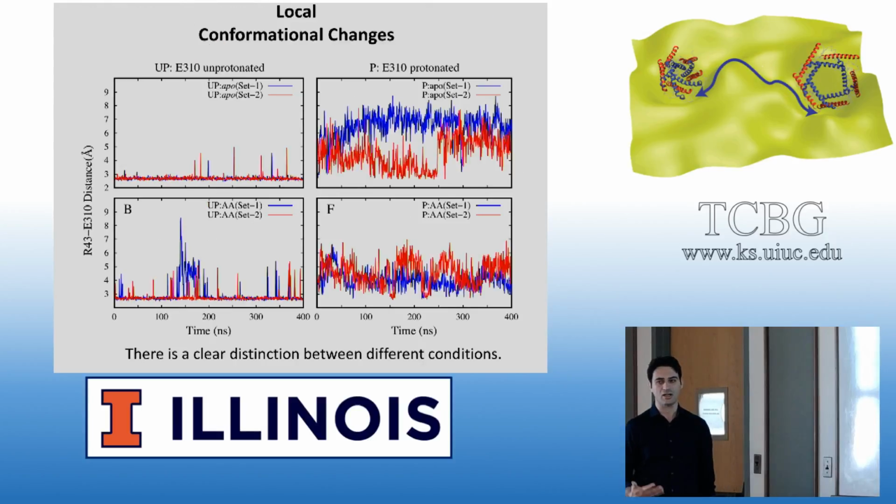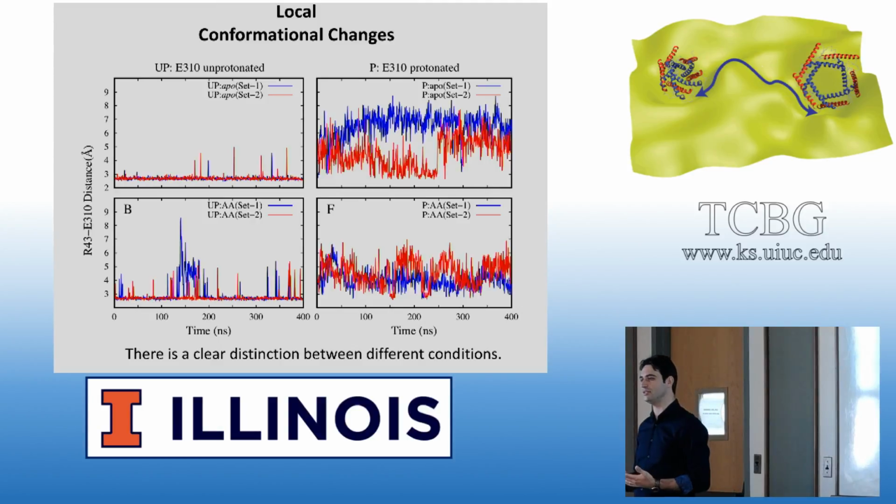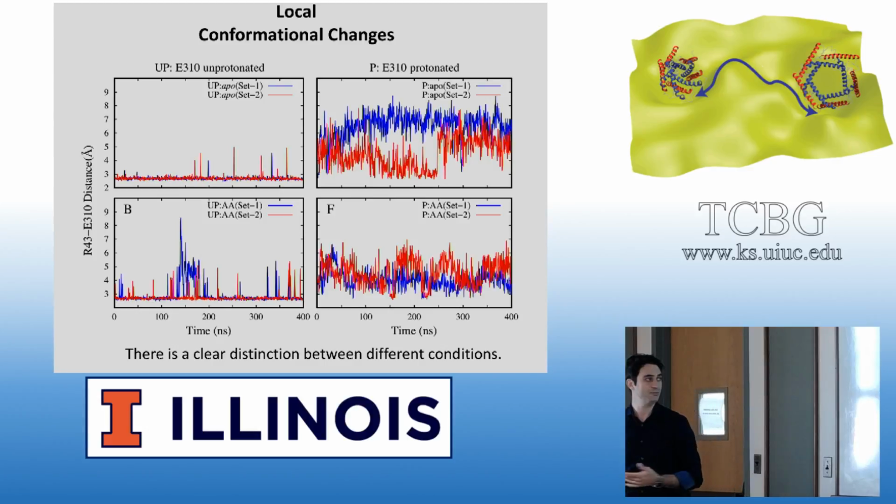Okay, so the local conformational changes are easier to study using equilibrium simulations. You usually could see something meaningful and reasonable even with relatively short simulations. Like if you're protonating a particular residue, you may see something happening in a reproducible manner.